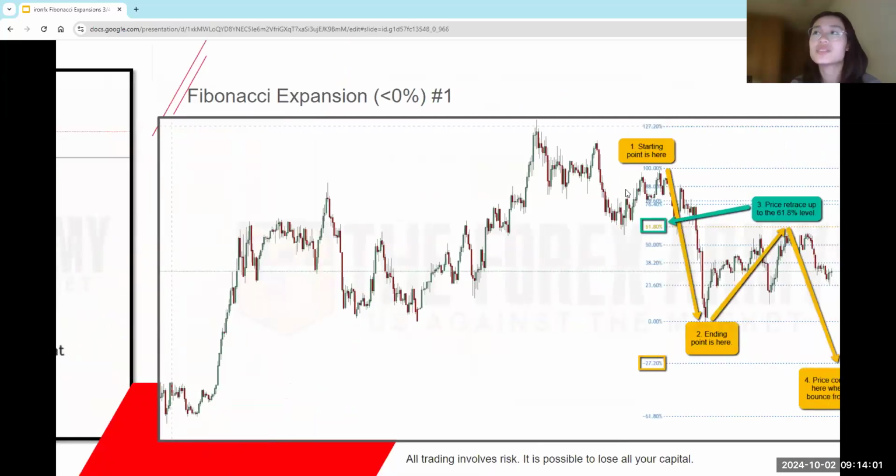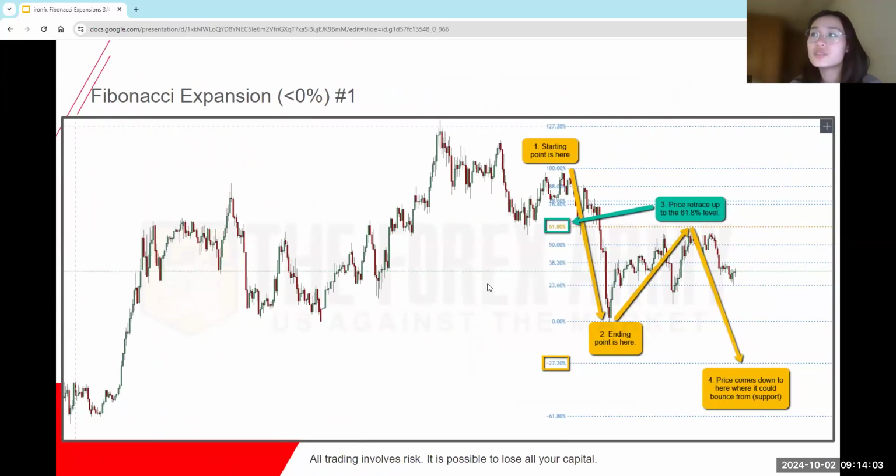Minus 27.2, yeah. So here's an example. You can see the yellow arrows form this lightning bolt shape. Take note of the starting point and the ending point, which is where we draw a retracement. It retraced at least 50%. So here it retraced up to 61.8.